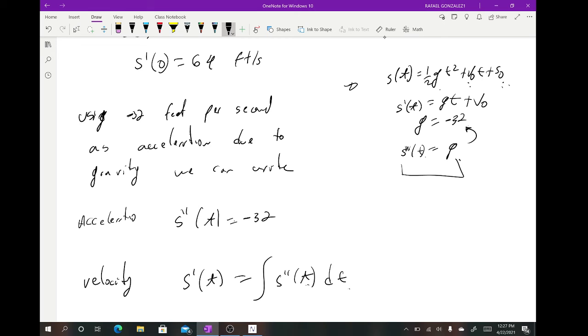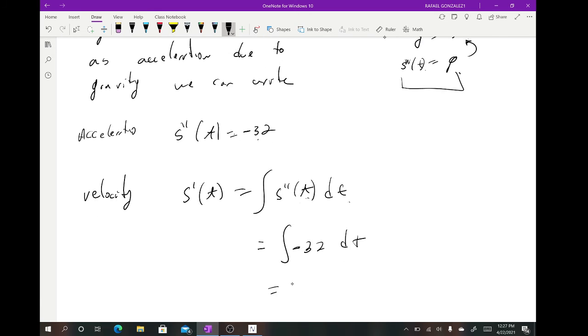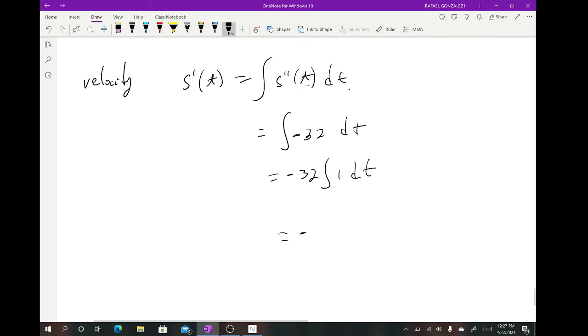Now if we look for the antiderivative of this, remember that s double prime of t is just negative 32. So this is going to be the integral of negative 32 dt, which is the same thing as negative 32 times the integral of 1 dt.